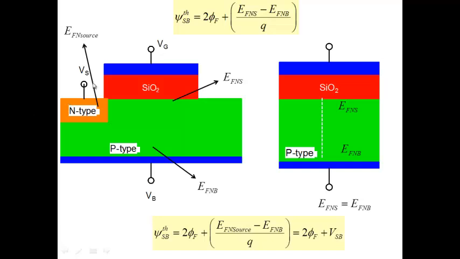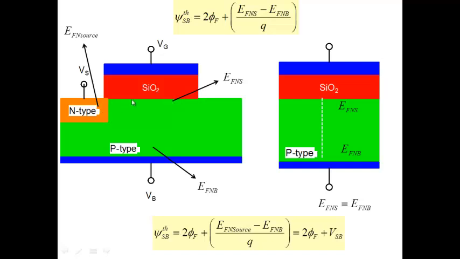If there is a competition, and the two happen to be different, then the quasi-Fermi level at the surface will follow N+ here, the source. This is the distinction you have to keep in mind.